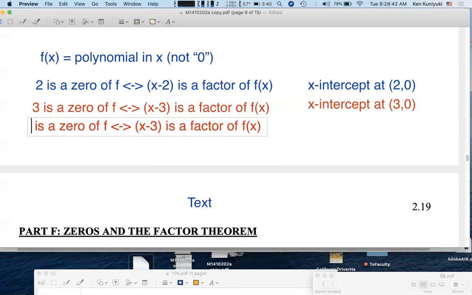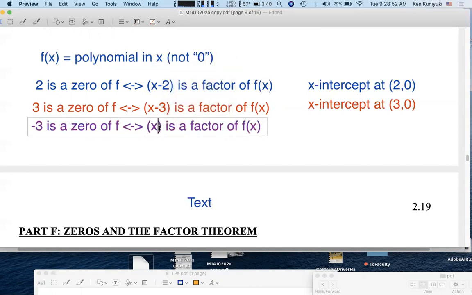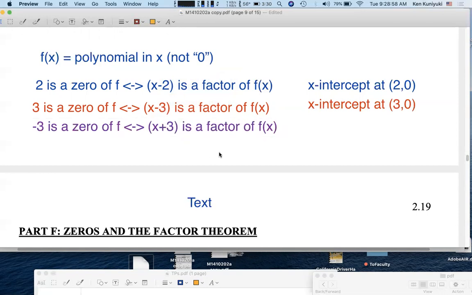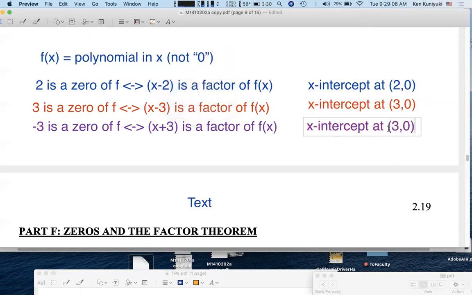Now, negative 3 is a 0 of f if and only if what is a factor? X minus negative 3, or x plus 3. Negative 3 is a 0 of f if and only if x plus 3 is a factor of f of x, in which case we have an x-intercept at negative 3, 0.